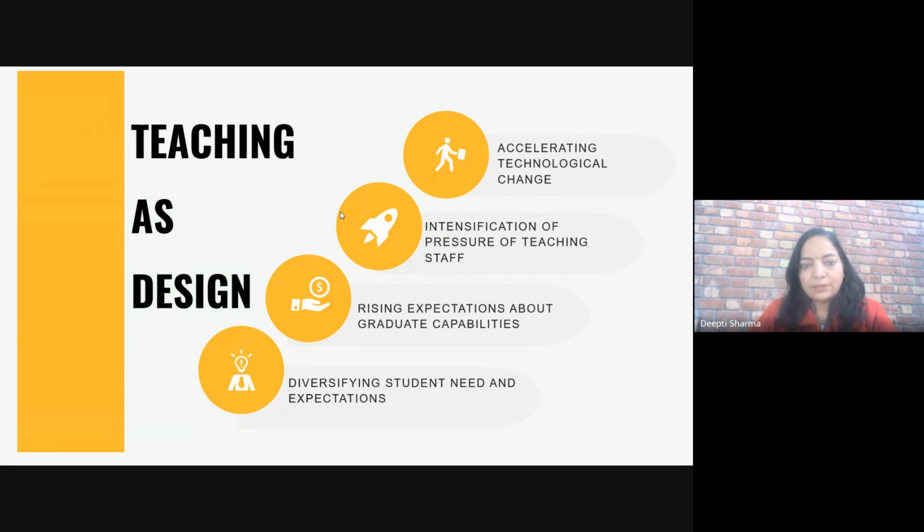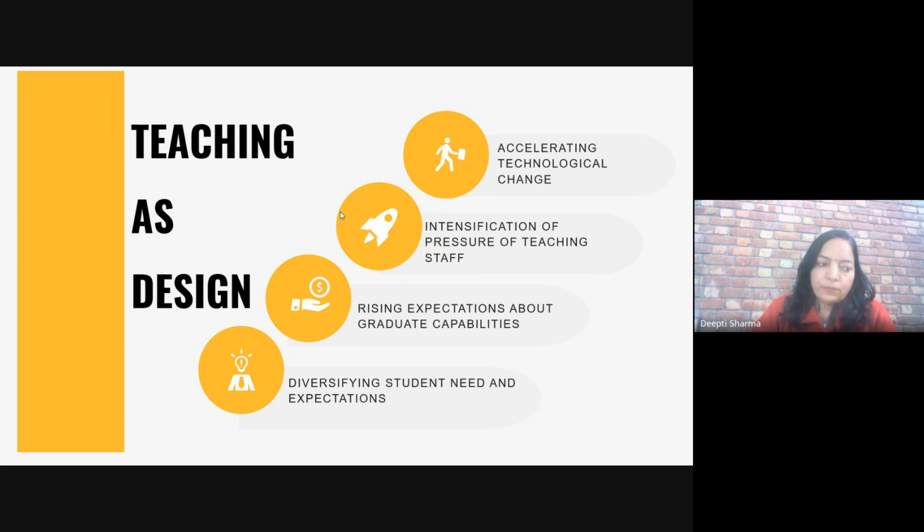So, these are some factors due to which it is necessary to implement these things. First thing is diversifying students' needs and expectations. Nowadays, the students are very tech savvy, and there is a very strong need to fulfill their expectations, and their needs are very diverse.